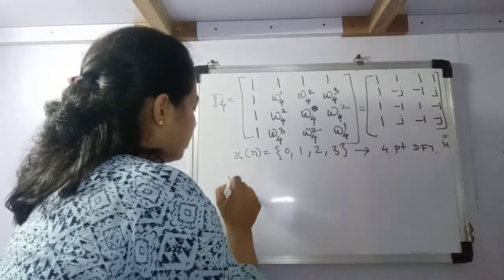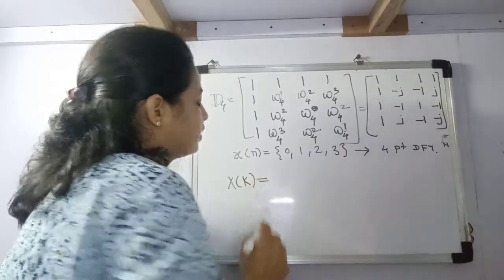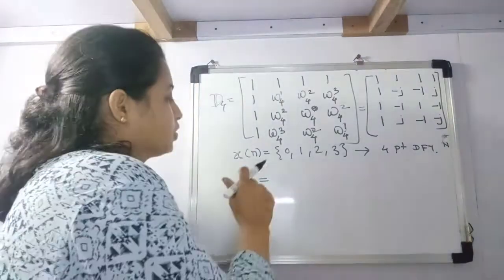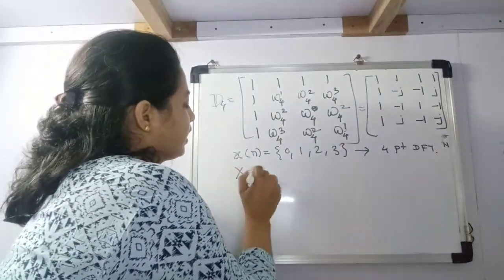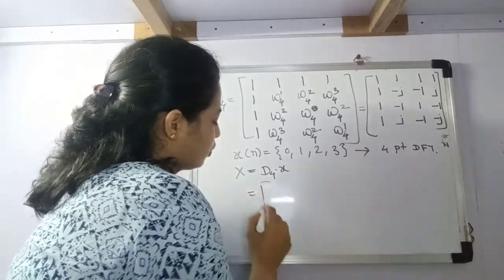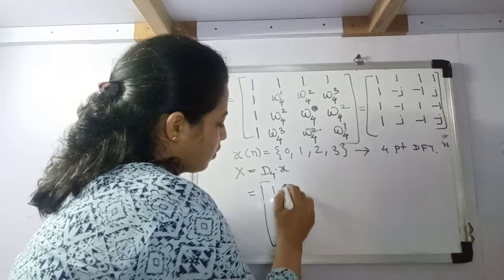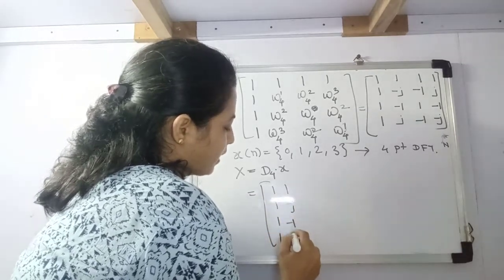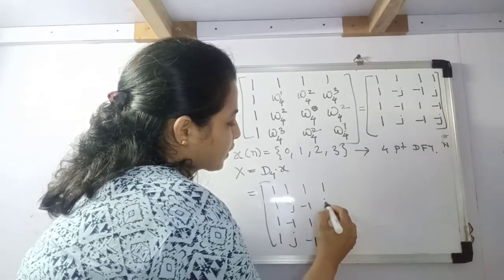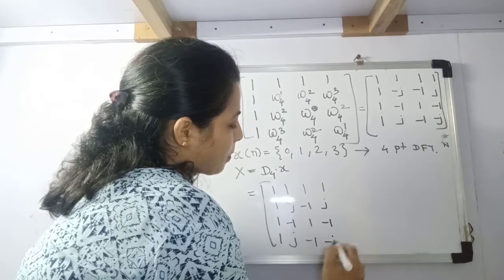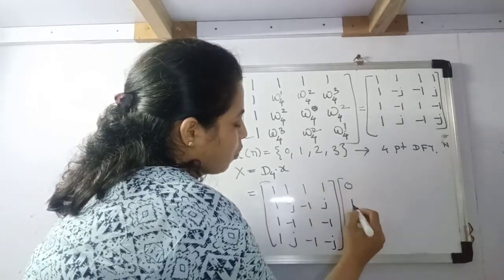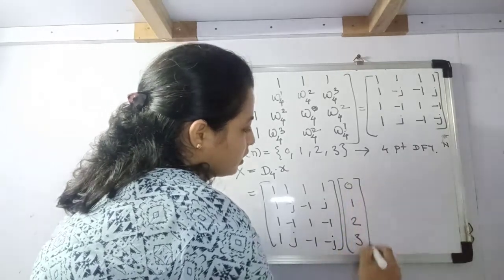We'll write the formula symbolically: capital X is equal to D4 into x. So we write D4 as 1 1 1 1; 1 minus j minus 1 j; 1 minus 1 1 minus 1; 1 j minus 1 minus j, multiplied by the given example 0 1 2 and 3.